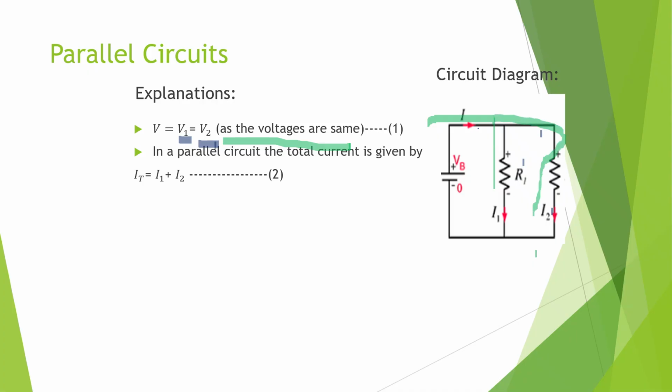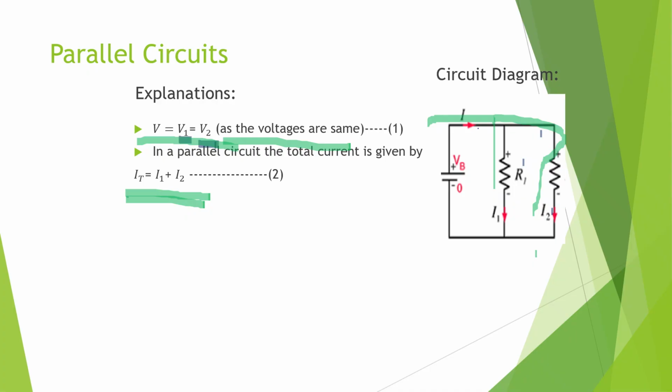So we can write the total current is equal to I1 plus I2. In a series circuit the current is the same, the voltages are different, you remember. In a parallel circuit the voltages are the same but the current is different.